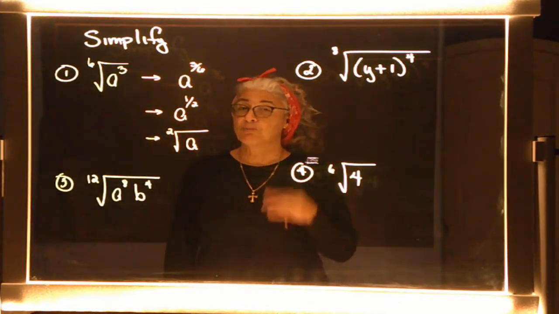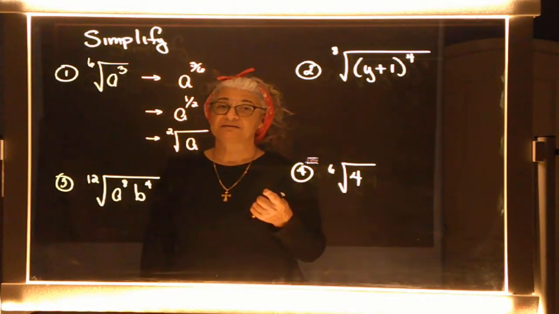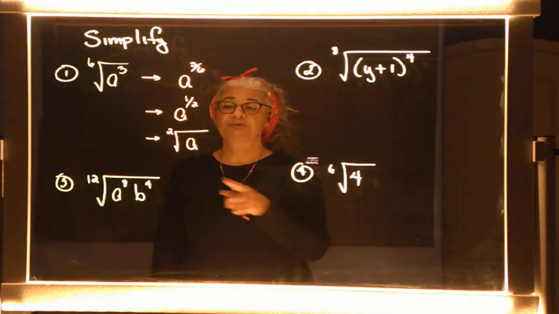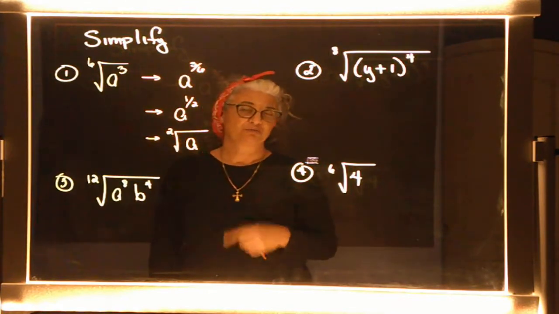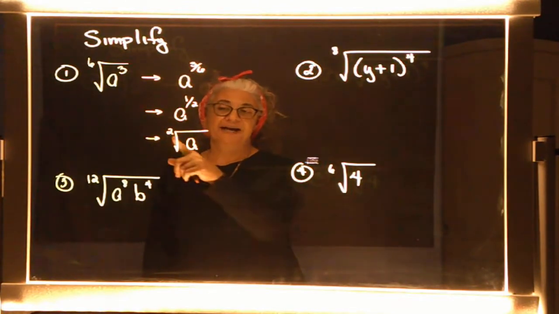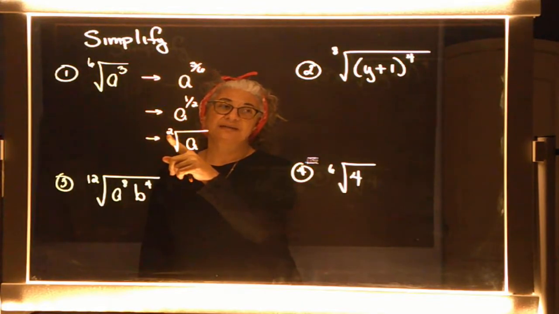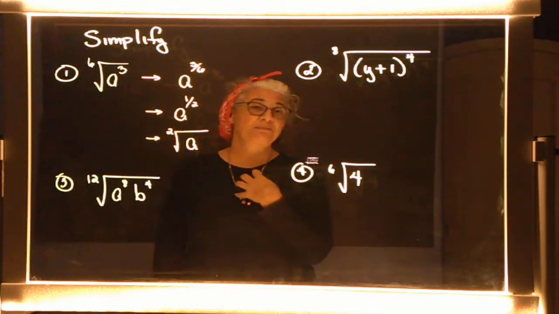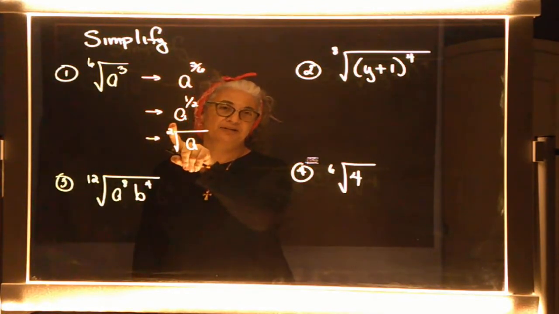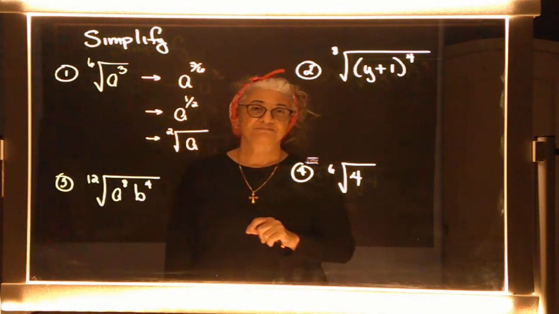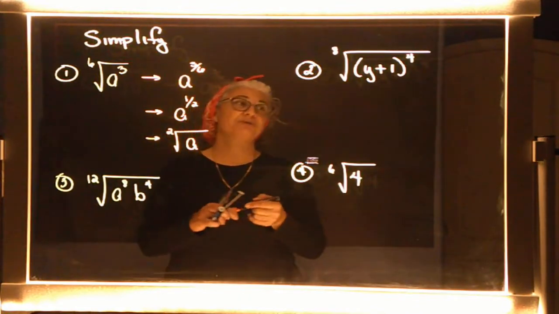By the way, more than likely, the homework program you're working with isn't going to accept this 2 here either. Remember what I've mentioned before. That 2 is me putting it in, but it's the norm that when you don't write a number here, that means it is the square root. Cool? Awesome. Let's look at number 2.